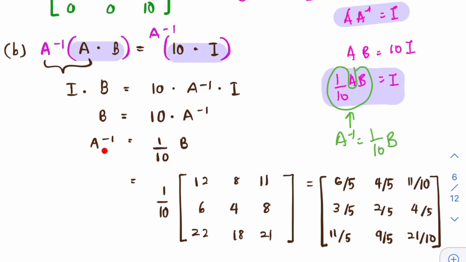A inverse is equal to 1 over 10B. So this is the same as what we have done just now. And then do not stop there. Just write back 1 over 10 and then take matrix B here and then just multiply 1 over 10 inside. So this is the answer of A inverse.